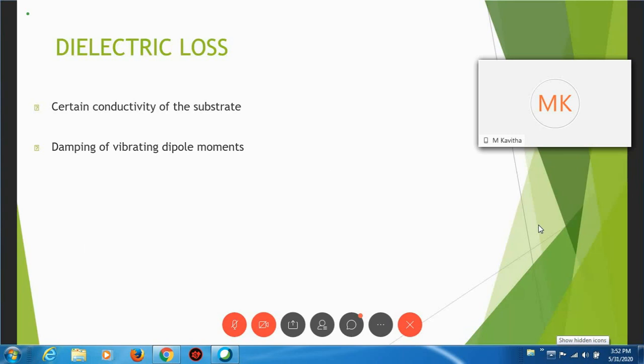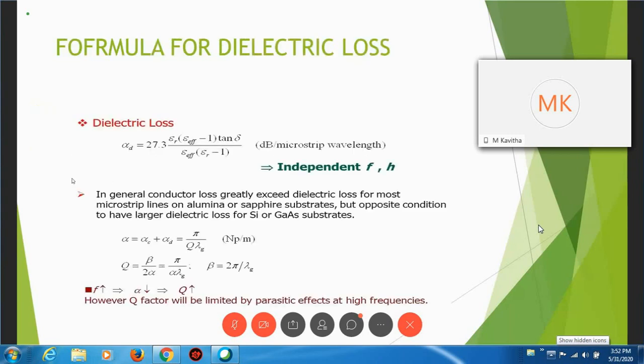The effect of the dipole moment in a dielectric is called the loss tangent. So this loss tangent is a measure of dielectric loss in a dielectric medium. If the loss tangent is high, then the dielectric loss will be high. If the loss tangent is low, the dielectric loss will be low.